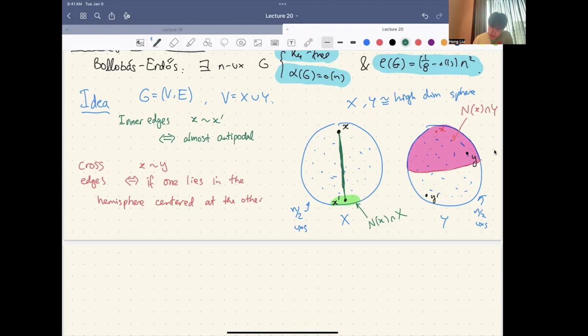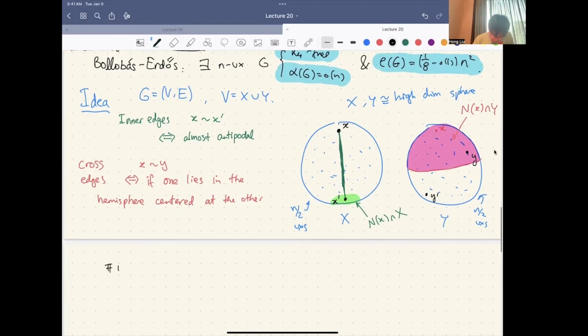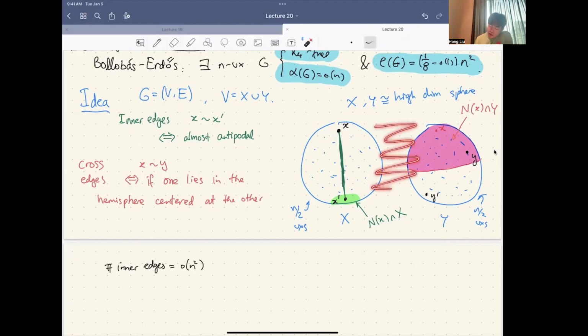So it's easy to see that the number of inner edges is little o of n squared. The cross edges contribute to the edge density. If you had density 1, we would have n squared over 4 edges.